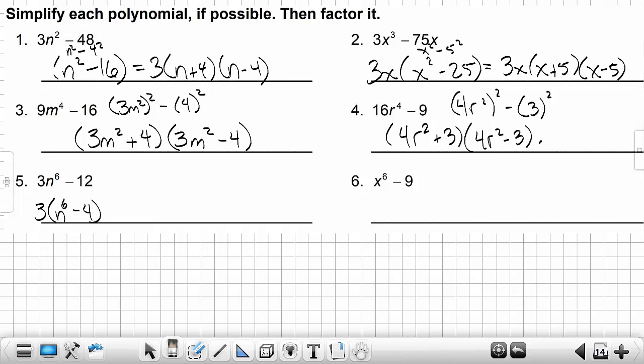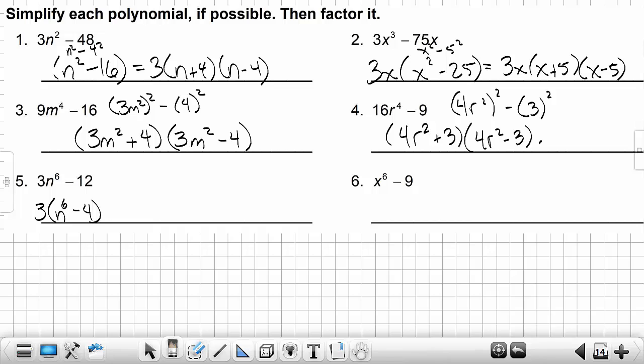Do it. You have to look. That's all there is to it. It is not a difference of cubes, because 4 is not a cube. It is the difference of 2 squares.